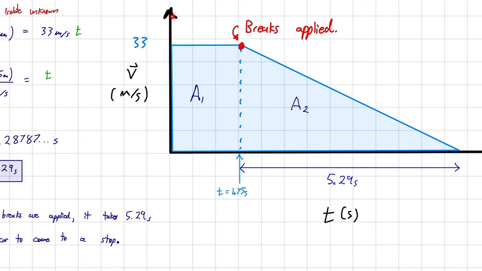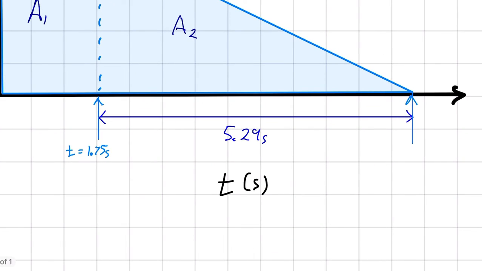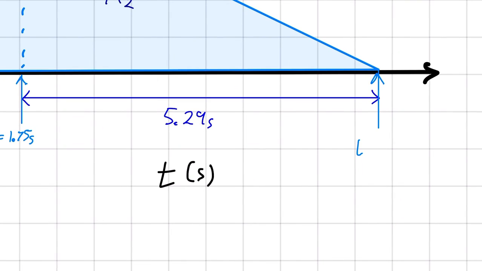When the driver initially sees the obstruction, it takes 1.75 seconds to react and apply the brakes. And once the brakes are applied, we're slowing down for 5.29 seconds. So by the time the car comes to a full stop, that means a total amount of time, 1.75 plus 5.29, that means our total time that passed was 7.07 seconds. Sorry, 7.04 seconds.